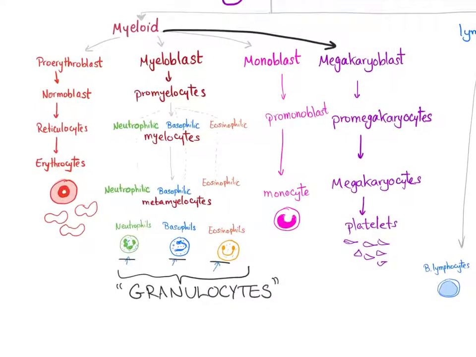Okay, what about now? Now we have the monoblast. It will change into promonoblast, then into the monocyte. There are no granules here, so those are agranulocytes, or non-granular cells.